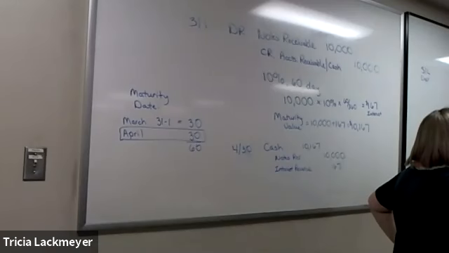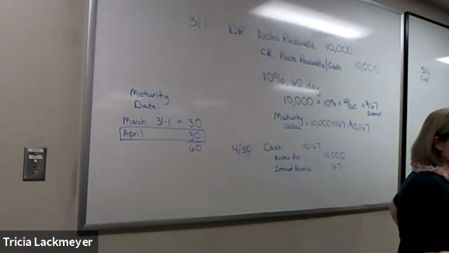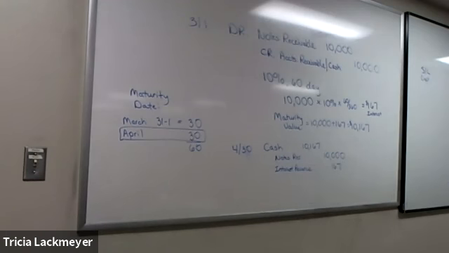Does anyone remember what another term for cost minus residual value is? Depreciable cost, yeah. See, teamwork. So another way you could write that is depreciable cost divided by useful life. It means the same thing.